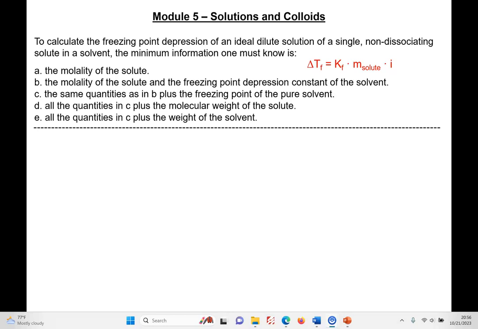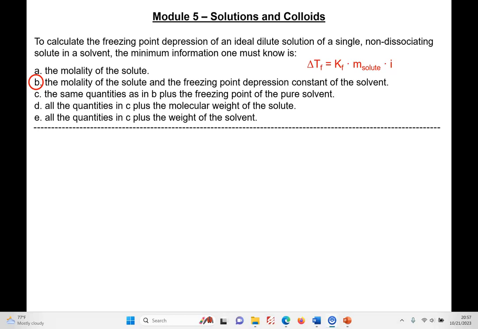That i value is 1 if it is non-ionic, if it is a non-dissociating covalent compound, which this is because the problem says it is. i is 1. So what do we need to know the freezing point depression? It looks like what we need is K and m. So that makes our answer choice B, just the molality and the freezing point constant.